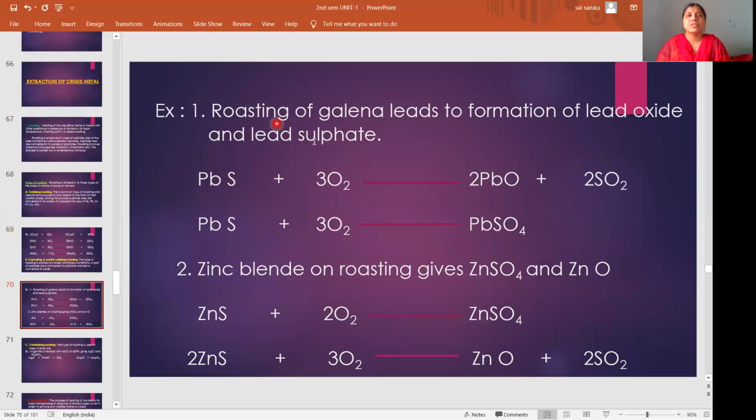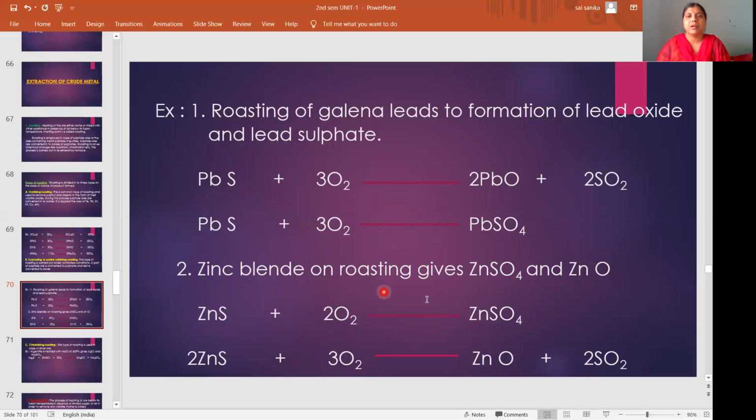Roasting of galena, PbS, leads to formation of lead oxide and lead sulfate. If we heat PbS in the presence of oxygen, what is happening? PbO plus SO2, and some of the lead sulfide is converting into PbSO4. That means two products are forming. Lead sulfide is converted into lead oxide and lead sulfate.